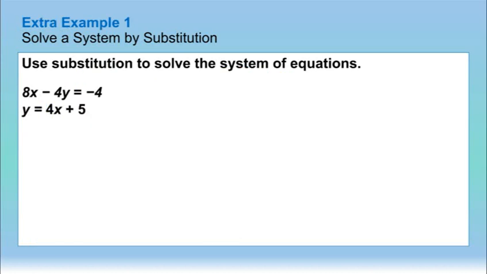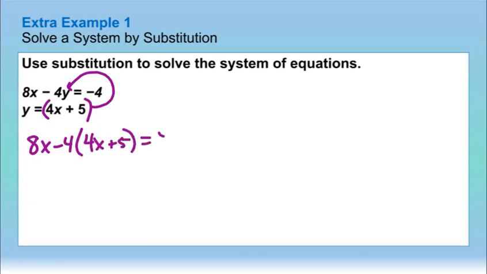Another example. Use substitution here. Again, my y is by itself, and I can substitute that in for this y. When I do that, I end up with 8x minus 4 times parentheses 4x plus 5 equaling negative 4.